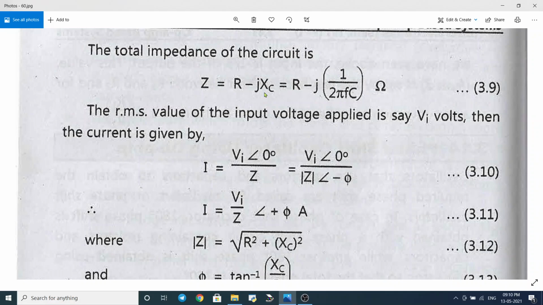So ZR plus ZC will be R minus jXC, which equals R minus j into XC. We know XC is the capacitive reactance, 1 over 2 pi FC.